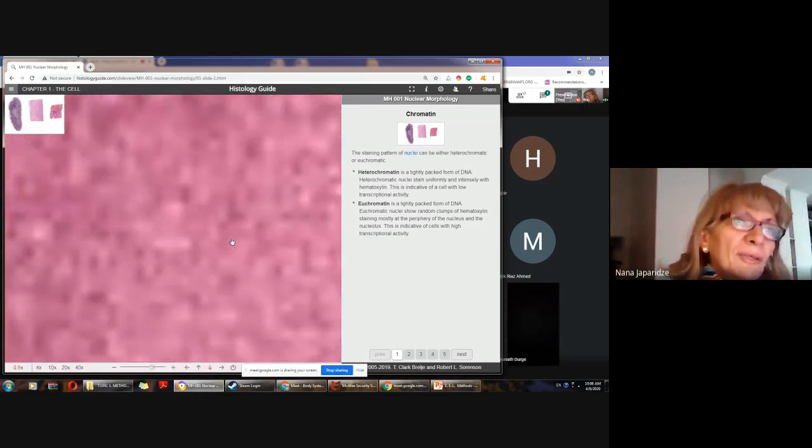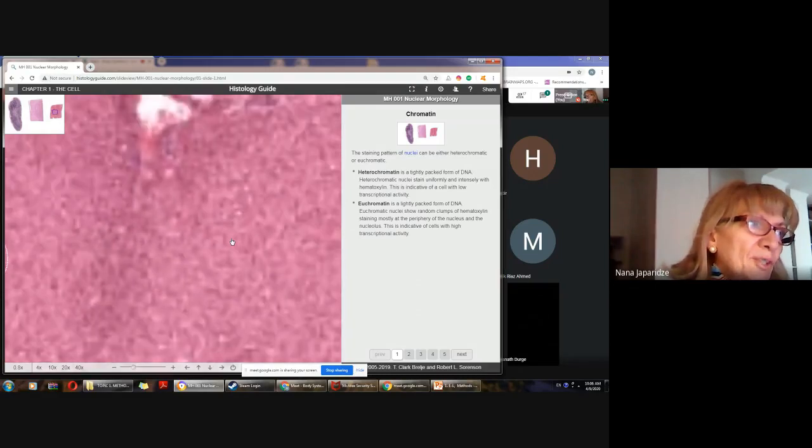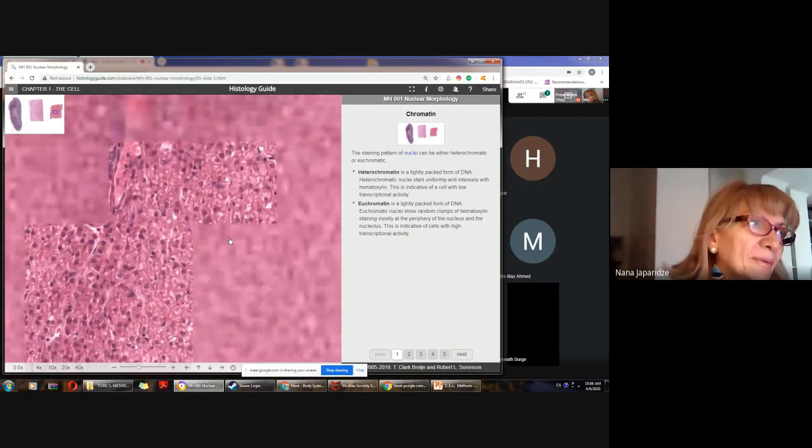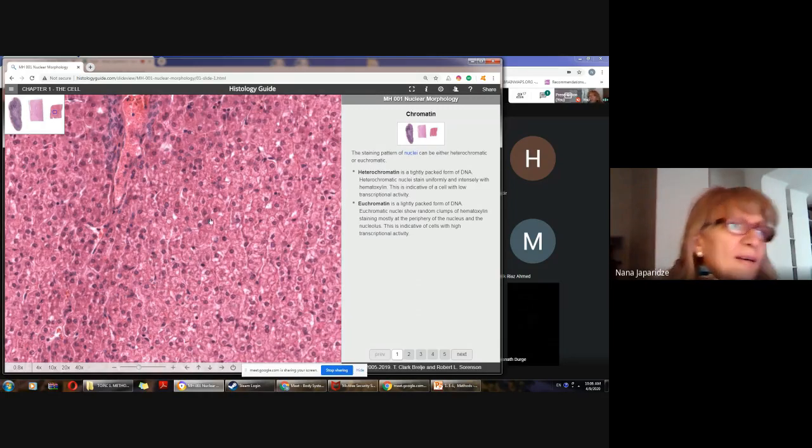This is a small part of liver tissue. I think first what you see here are nucleus, because nucleus are usually more dark stained than the cytoplasm of the cells.